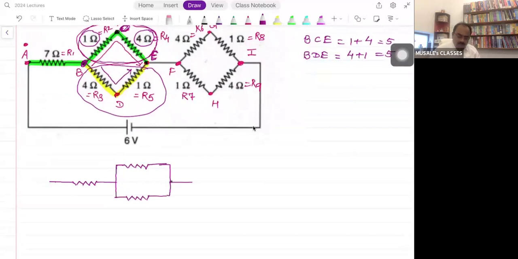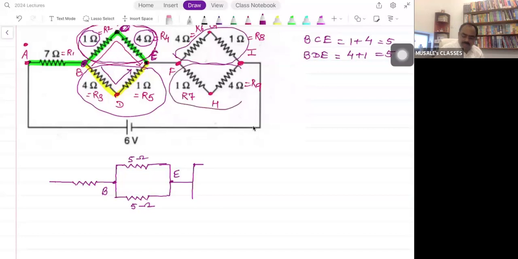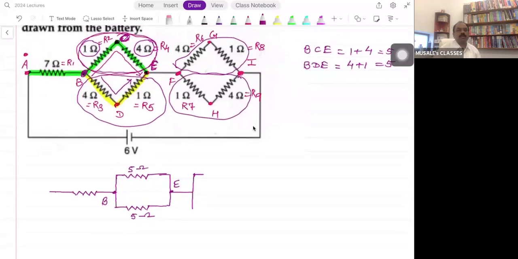So this is your point E. This was your point B. This is 5 ohm. This is also 5 ohm. Again, they are getting divided. Again, these two will be in series because same current.